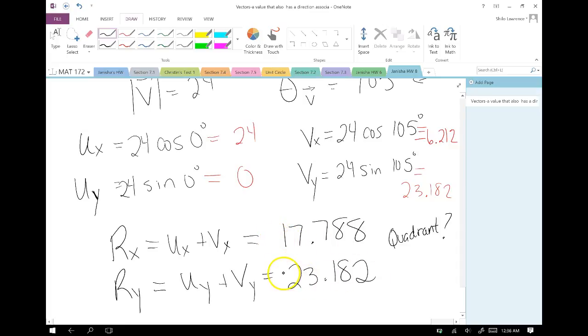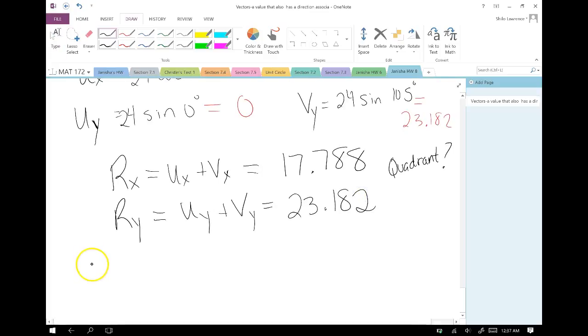Your y is positive. Where do we plot points that have both a positive x and a positive y? We plot them in quadrant 1. So I'm expecting my theta to come back as a quadrant 1 angle.